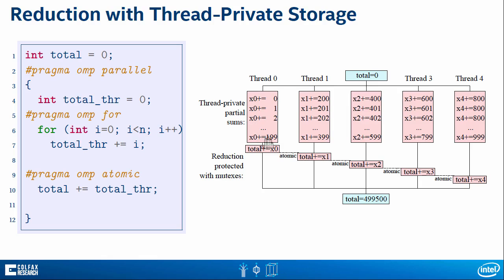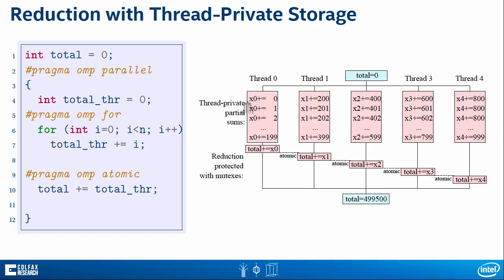At the end, I will end up with multiple partial results, and my goal will be to reduce or aggregate these partial sums into the total sum. And I will do it by adding the partial sums to the shared variable, and this time it is justified to use an atomic construct or a critical section to protect this data race.